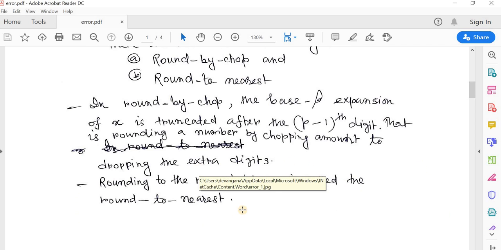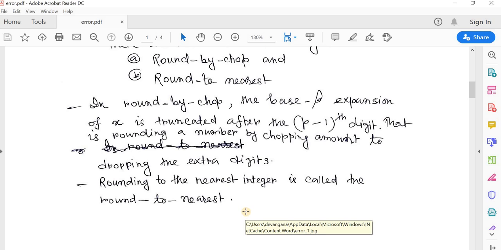Again, round to the nearest. Say we are rounding to the nearest integer of a number. It is called round to the nearest.